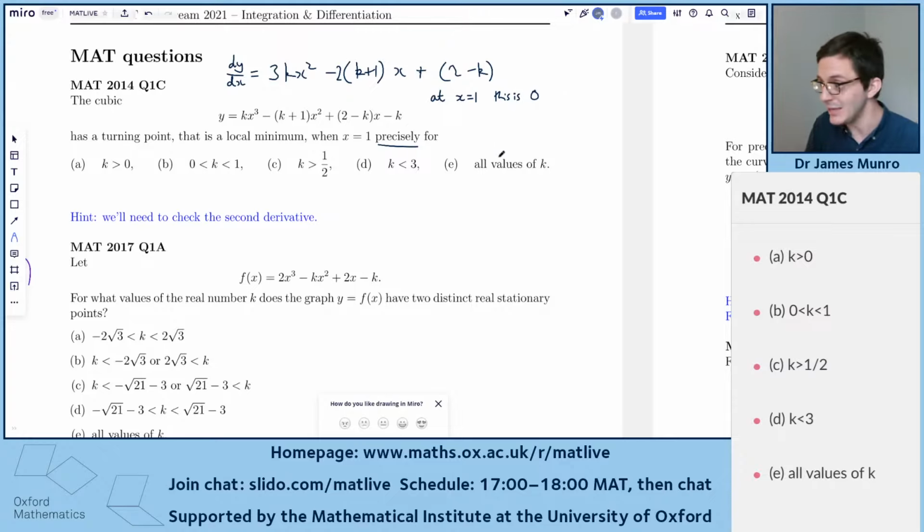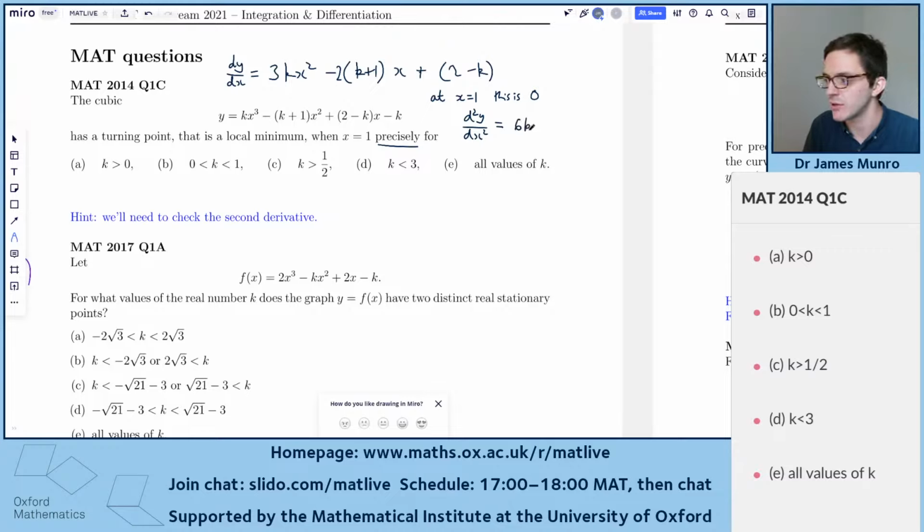So it's looking a bit like E at the moment. It's just 0. Whatever value of k I've got, when I plug in x equals 1, that appears to be magic. It's a turning point. I need to check that it's a local minimum though. So this question is also checking that I can check whether things are local minimums. So I need to work out the second derivative, which is, am I getting this right?